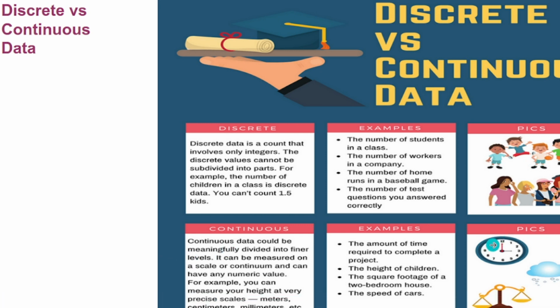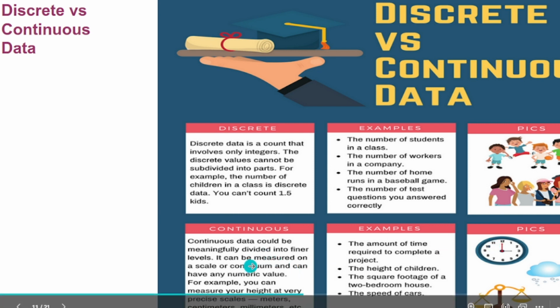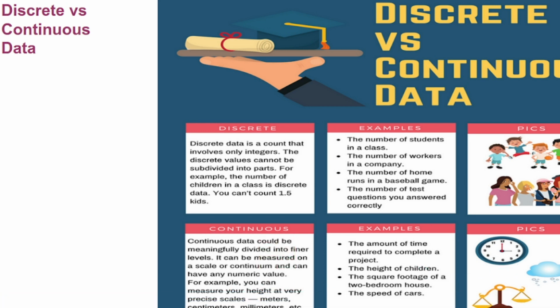Continuous data can be meaningfully divided into finer levels. It can be measured on a scale and can have a numerical value. For example, measuring heights on a very precise scale, like meters, centimeters or millimeters, or the amount of time required to complete a particular project, the height of children, the square footage of a 2-bedroom house, the speed of a car.